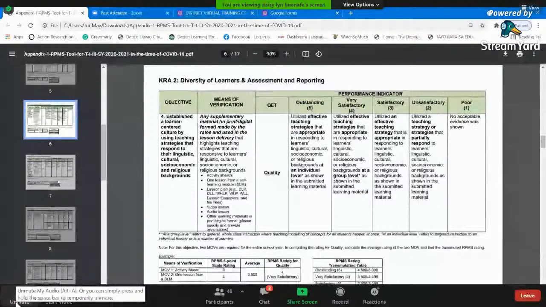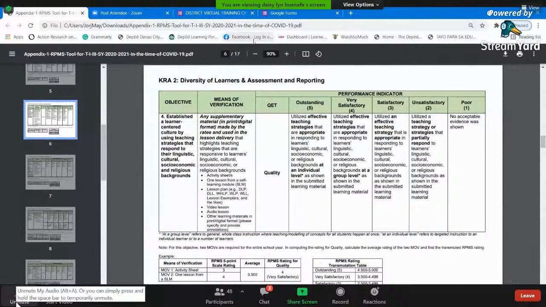So, a big crowd, that is what we call a group level. And then the rating will be 3 if you only utilized effective teaching strategies that are appropriate, and the score goes down.